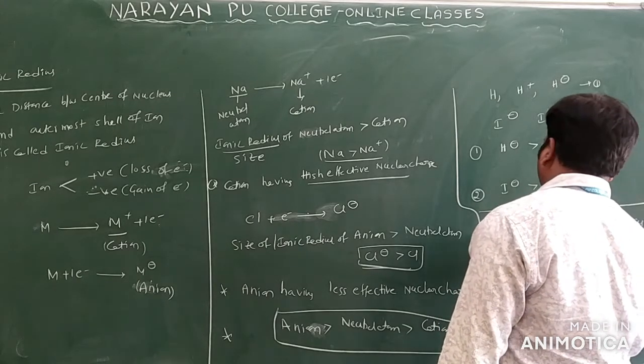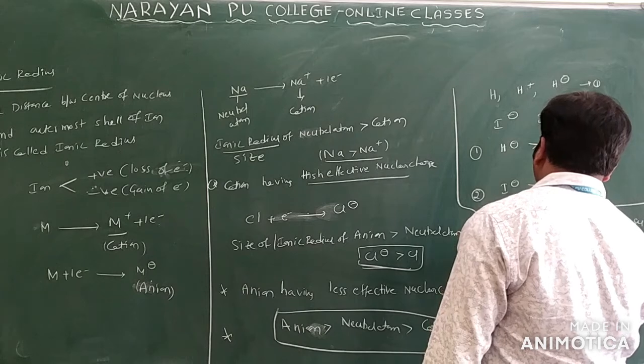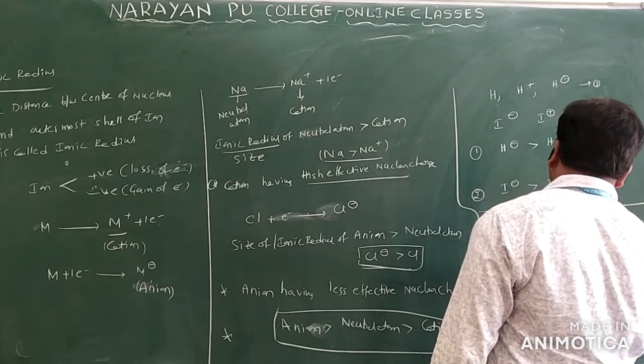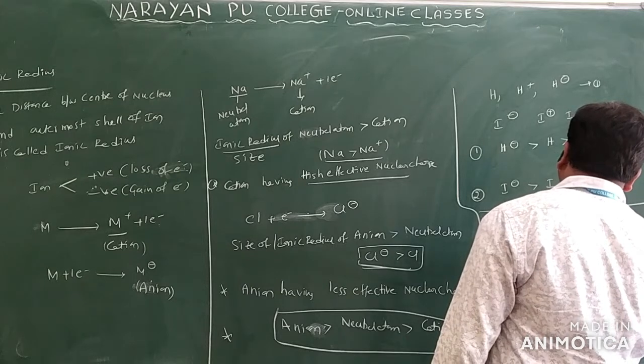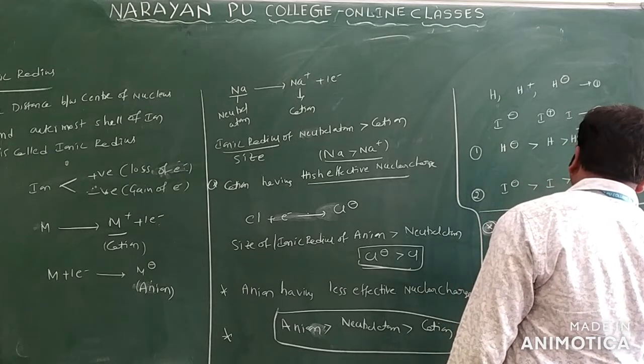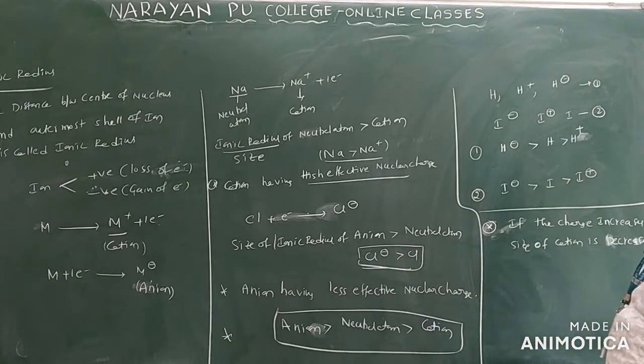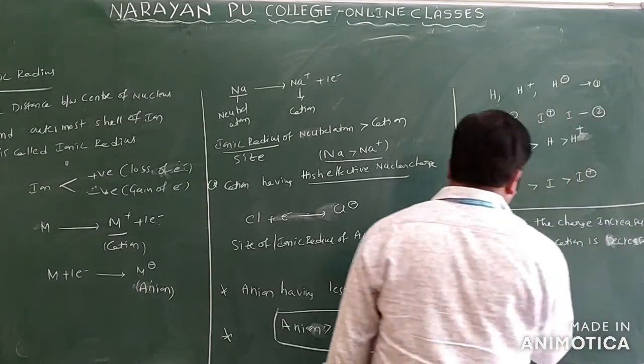I will write here: if the charge increases, the size of the cation decreases only. Charge increases, size of cation decreases.